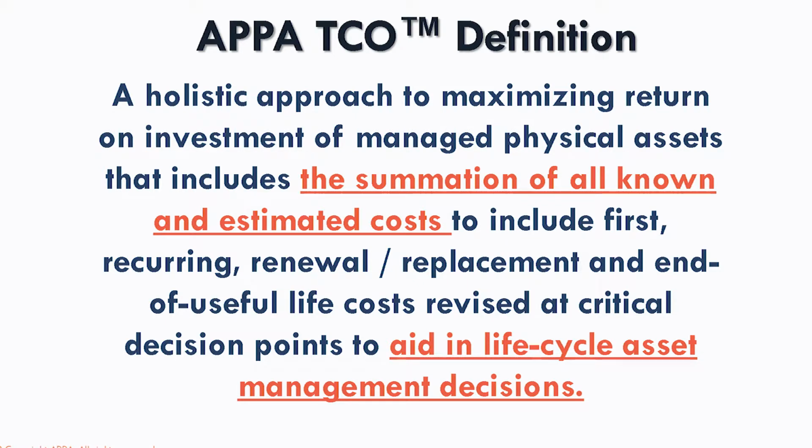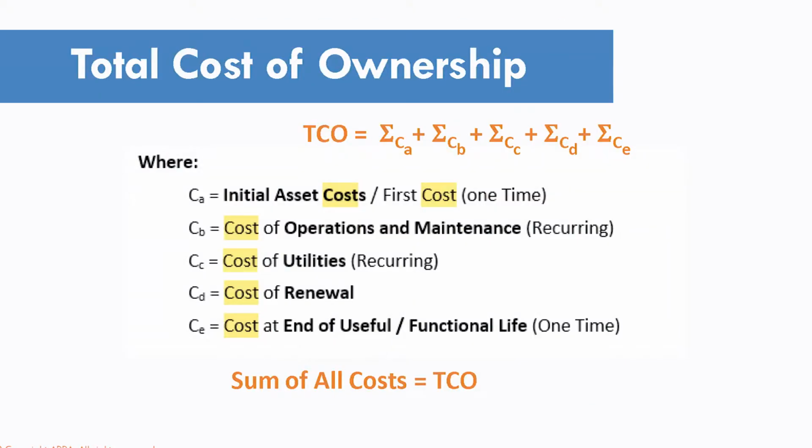The second is to aid in life cycle asset management decisions, and that's where we'll talk about information sharing and the technology, how we can use those. So take a look at the first summation. This is the summation: initial costs, operating, utilities, renewal, end of life, sum them all together. That's total cost of ownership. Super easy, we're done. Let's go to happy hour.